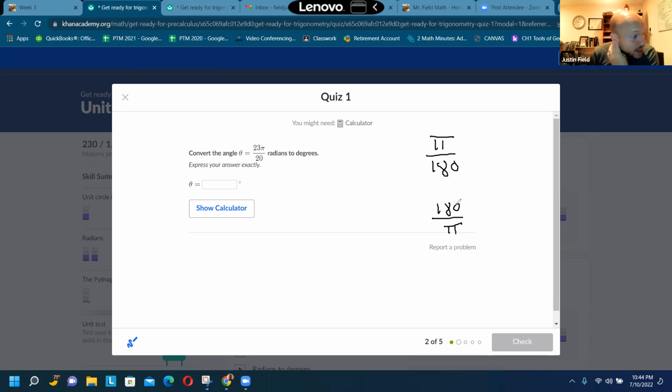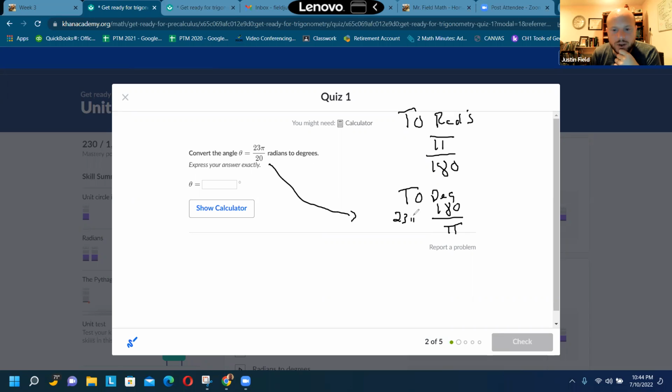When we want to add the pi into the number, then we're going into radians, which is that RAD on your calculator. And if we want to cancel out the pi, then we use the one where pi is on the bottom. So we're in radians and we want to go to degrees, so we're going to use the degrees one.